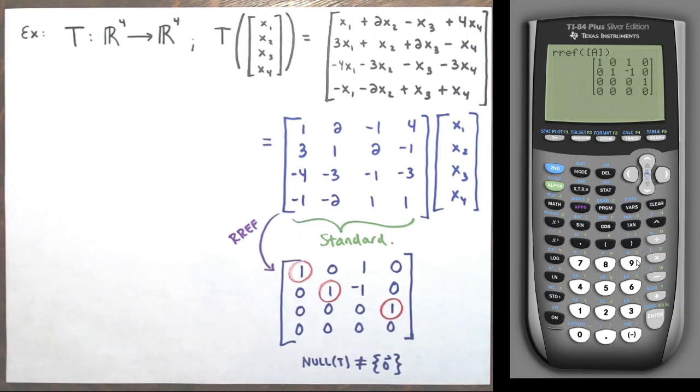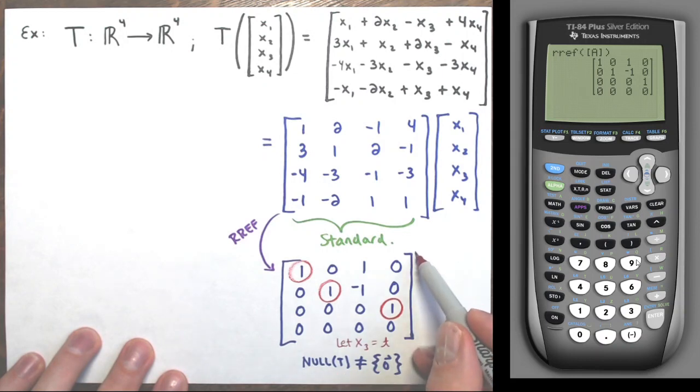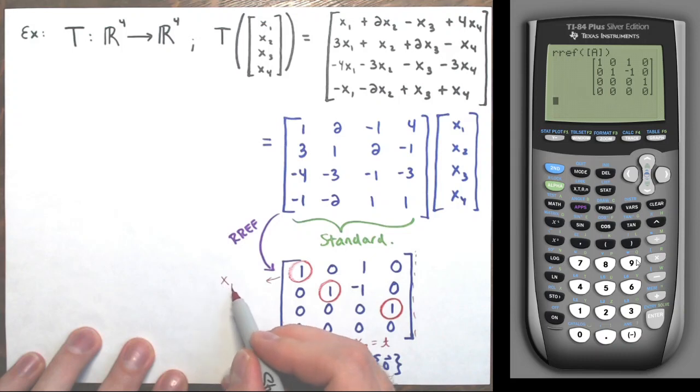So I'm going to let x3 be my free variable. Remember, this third column is the non-pivot column. I'm going to let x3 be t, where t is just some real number. And if we're finding the null space, remember we're imagining that there's a bunch of zeros on the other side, equals 0. So from the first row, we're seeing that x1 must be equal to the opposite of t.